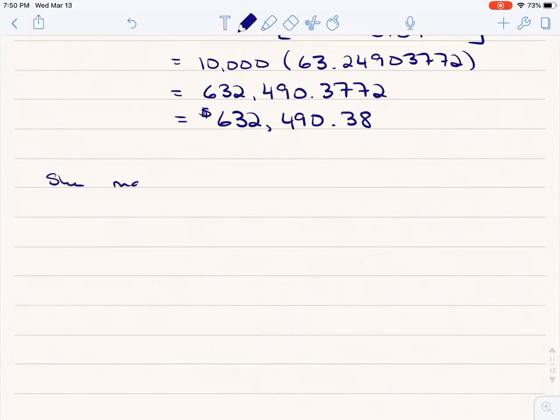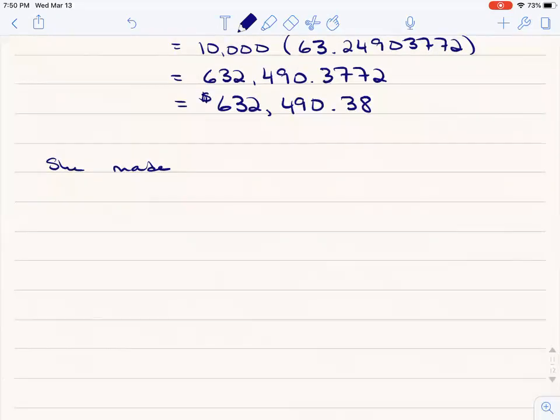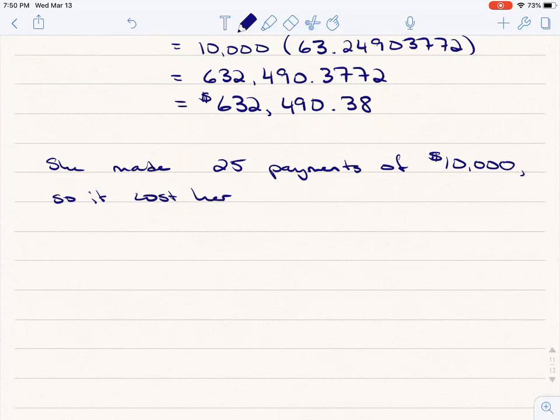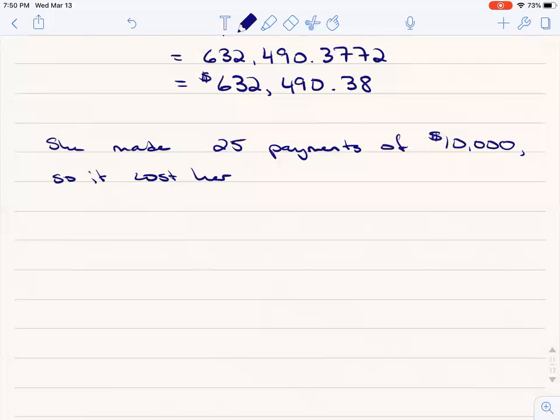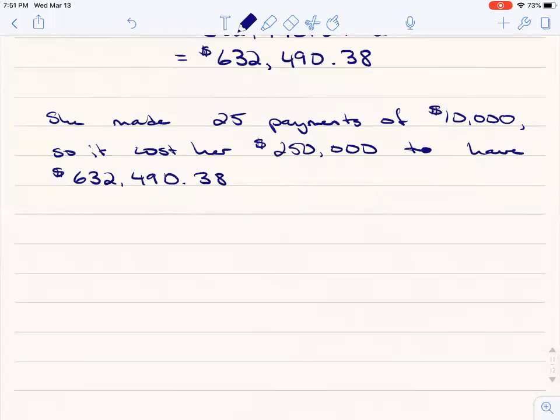So it cost her 25 years, but also 10,000 times 25, just to confirm, it cost her $250,000 to have $632,490.38 after 25 years.